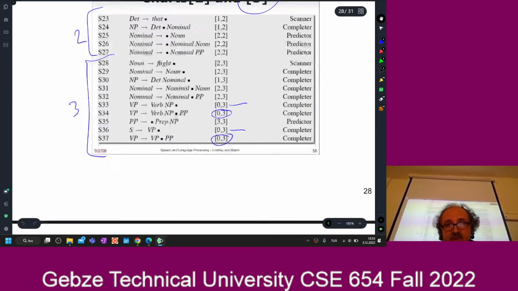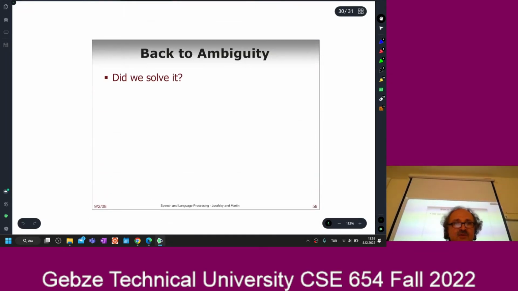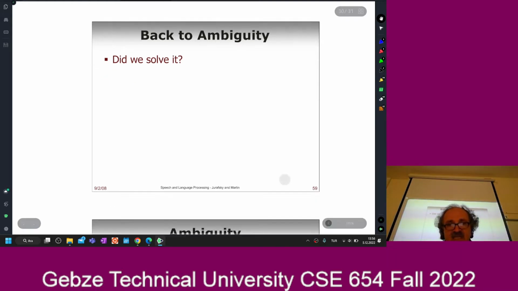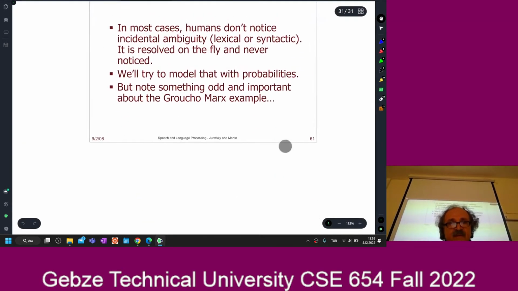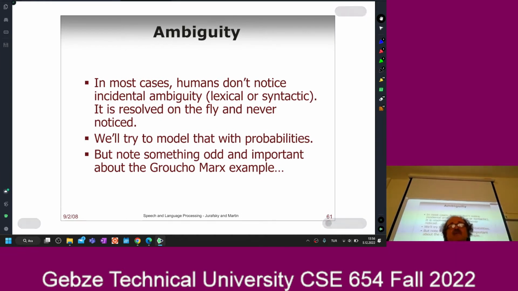Okay, we looked at both of those, and we said that, of course, we don't solve the ambiguity problem. Ambiguity is always there. We just said that I can give you two different parses of the same sentence if the sentence is ambiguous in two ways. The way we humans deal with ambiguity is a little bit different.